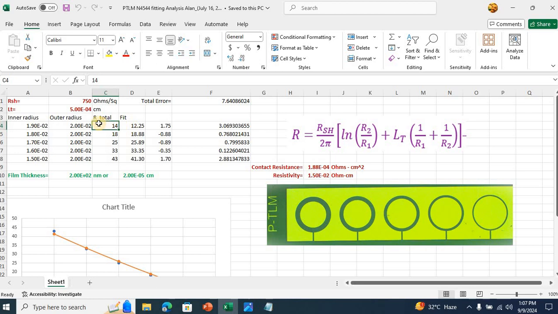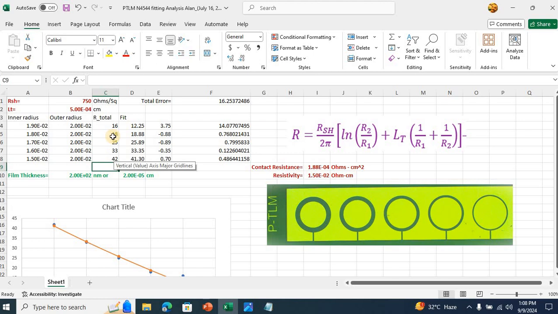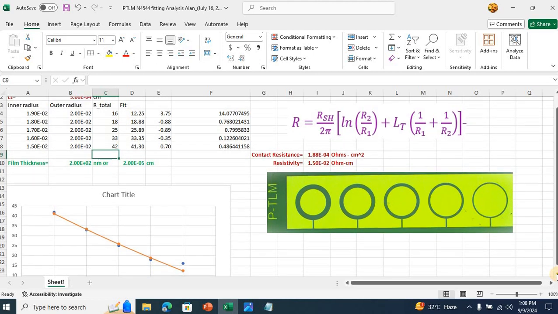Here it's mentioned 14 ohms to be more exact. You can say it's 16 ohms, and you can make it like 42, right? And similarly we can measure the other resistances as well.